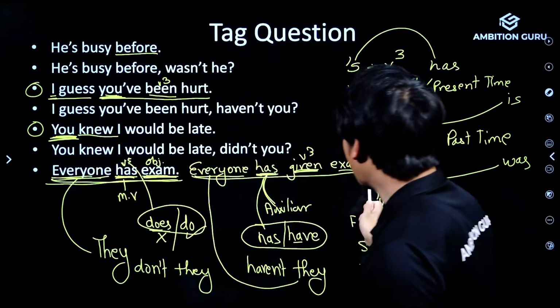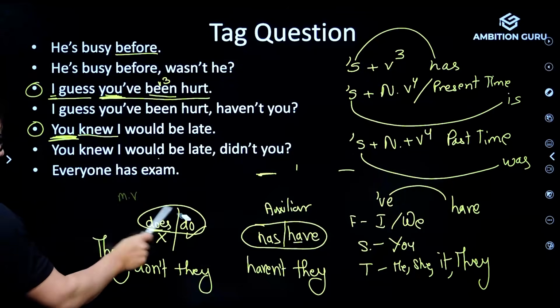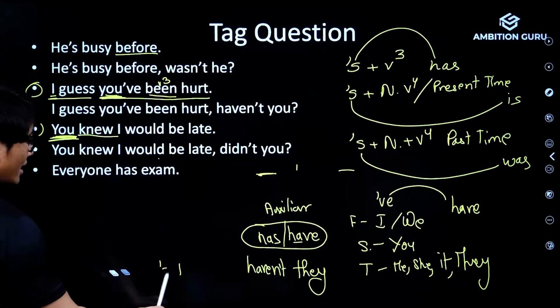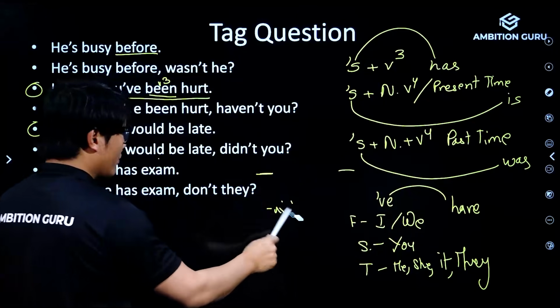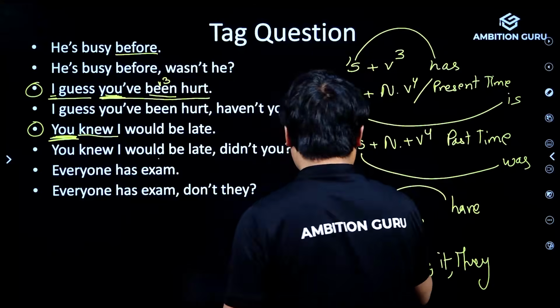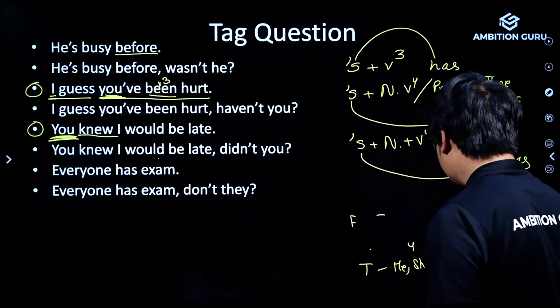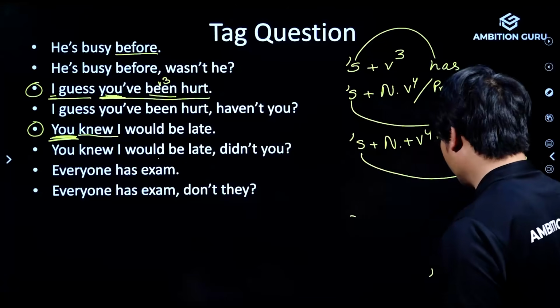So whenever you have a confusion, just ask me. I try my best to convince you like this so that you won't have any problem. So its answer is "everyone has exam, don't they?" So you got it why there is "don't they". So I think I don't need to elaborate again.